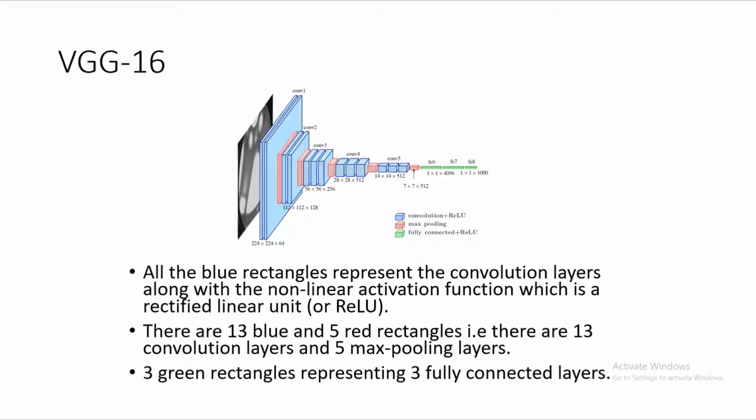There are 13 blue and five red rectangles. These red rectangles represent max pooling, and there are 3 green rectangles, which represent the fully connected layers together with ReLU.